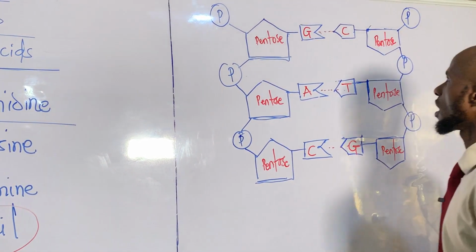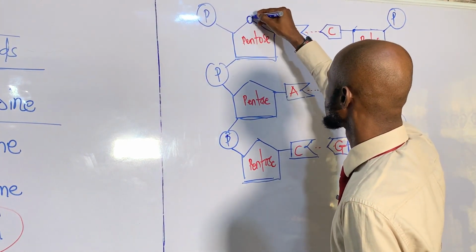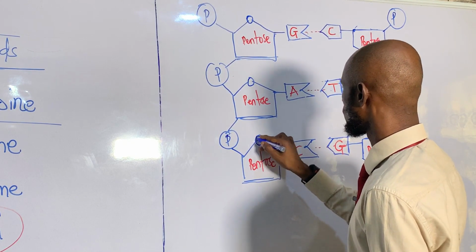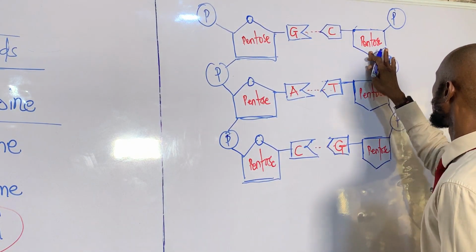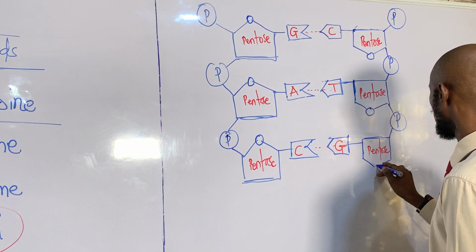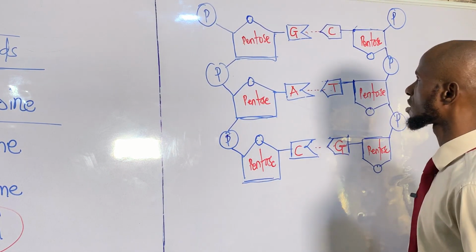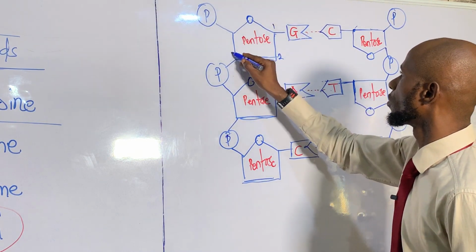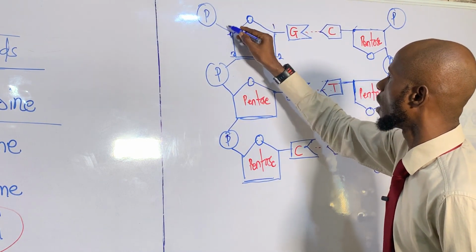Now let us look at the oxygen, which is going to be here. So let's look at carbon 1, carbon 2, carbon 3, carbon 4, and carbon 5.